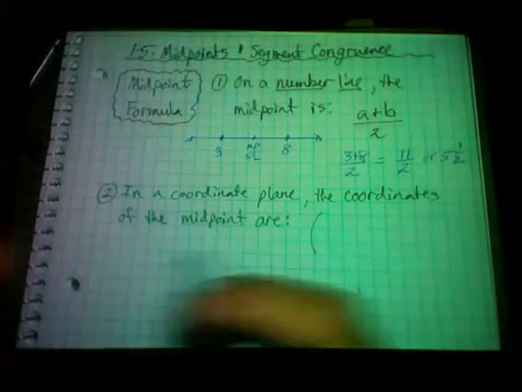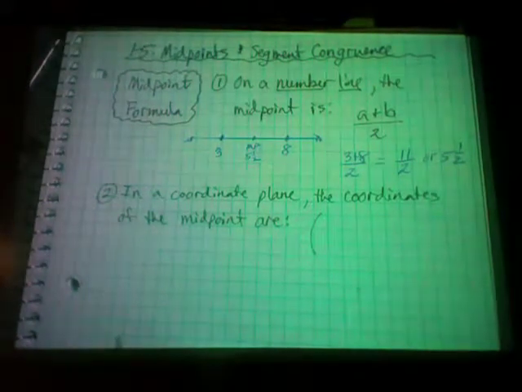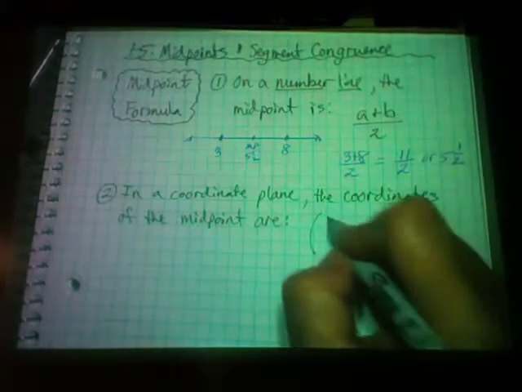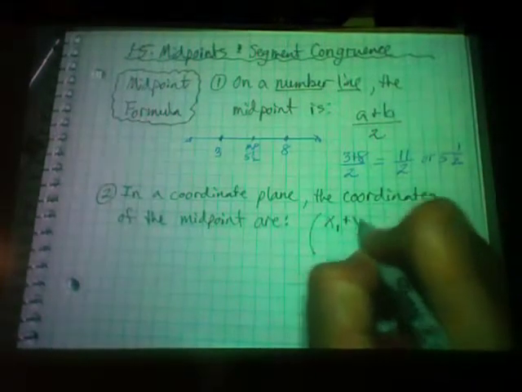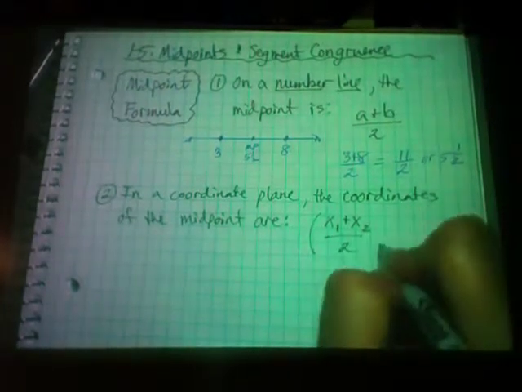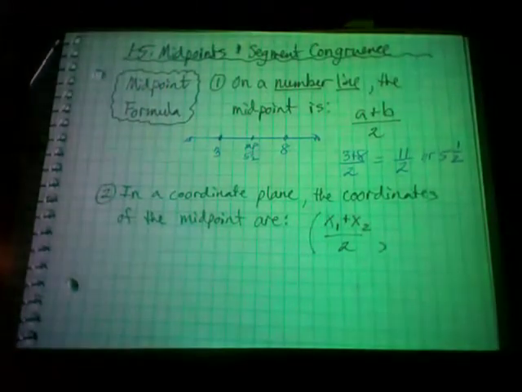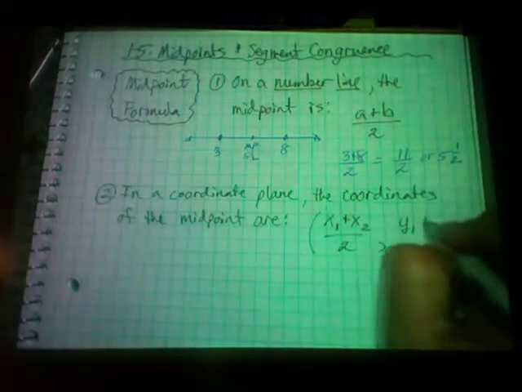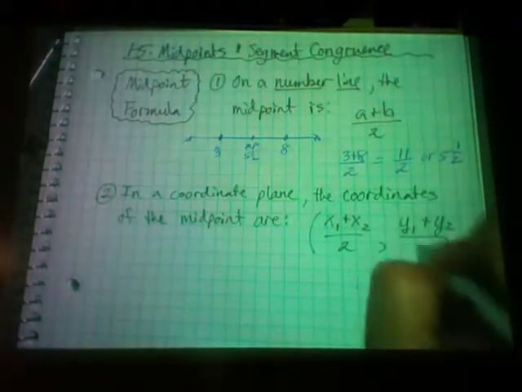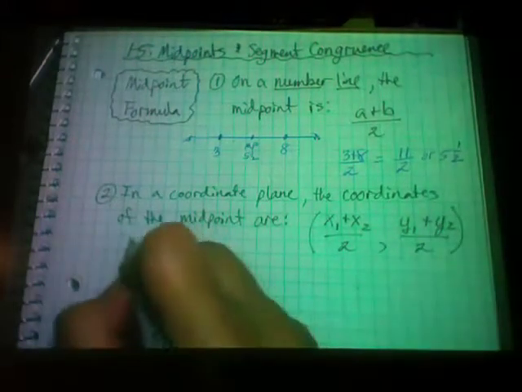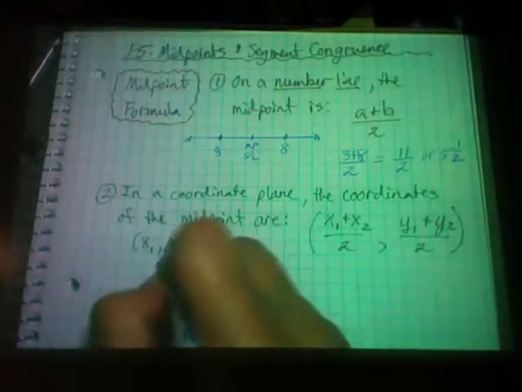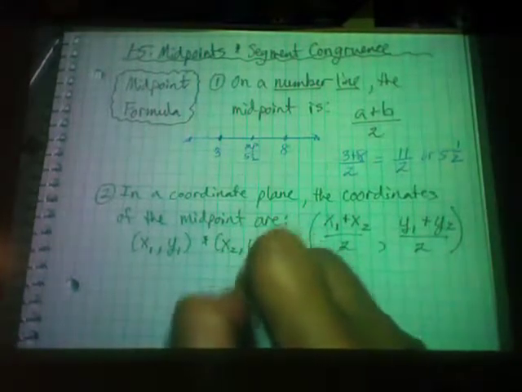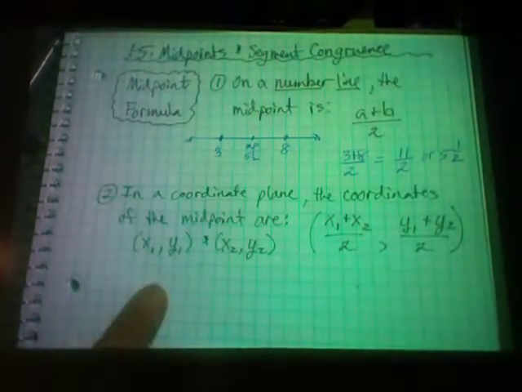Remember, your ordered pairs would be x sub 1, y sub 1, x sub 2, y sub 2. We're going to take those x values, add them together and divide by 2. That's going to give us the x value of the midpoint. Then you're going to take the y values of those coordinates, add them together, and divide by 2. So your two coordinates are x sub 1, y sub 1, and x sub 2, y sub 2, meaning point 1 and point 2.